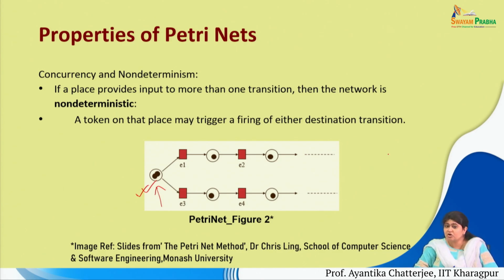So, while designing or defining a Petri net, this non-determinism should be handled carefully, and there should be a specific constraint declaration: how many tokens are to be taken to this path, how many to that path, and whether that is sufficient given what we are defining that these input places can hold, etc. All these things should be taken care of to avoid any kind of non-deterministic behavior in the network.